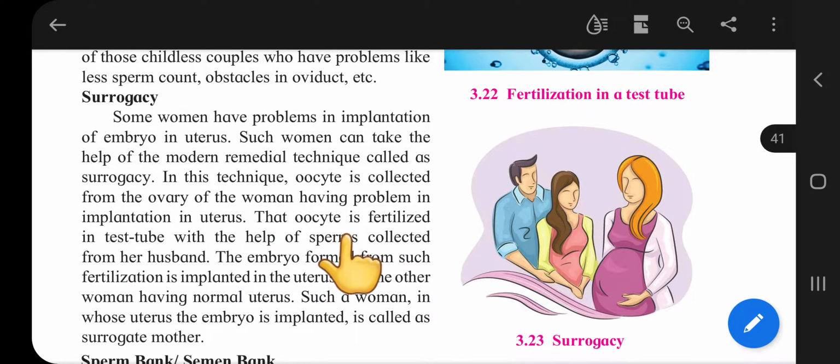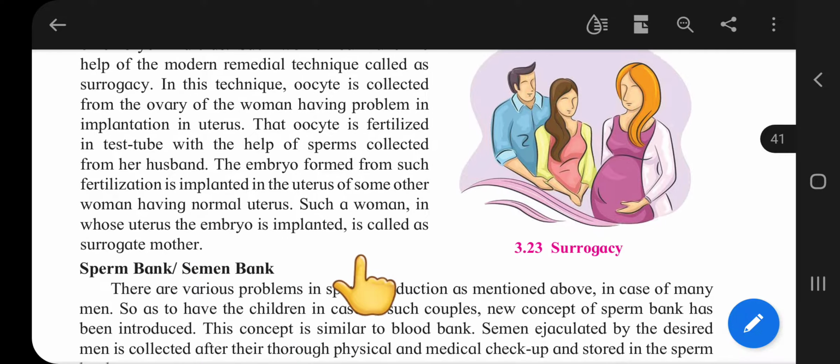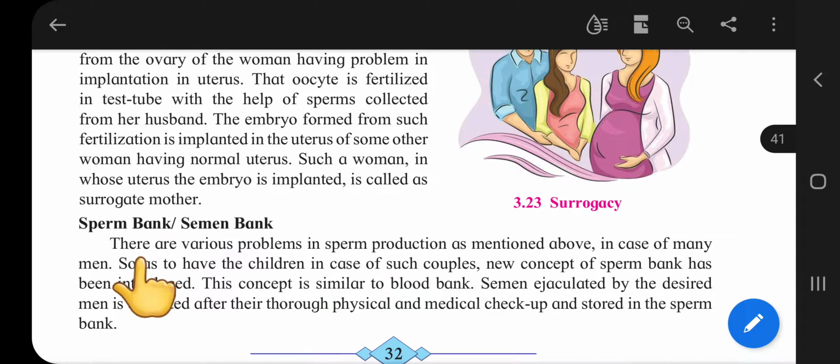That oocyte is fertilized in a test tube with the help of sperm collected from her husband. The embryo formed from such a fertilization is implanted in the uterus of some other woman having a normal uterus. Such a woman in whose uterus the embryo is implanted is called a surrogate mother.